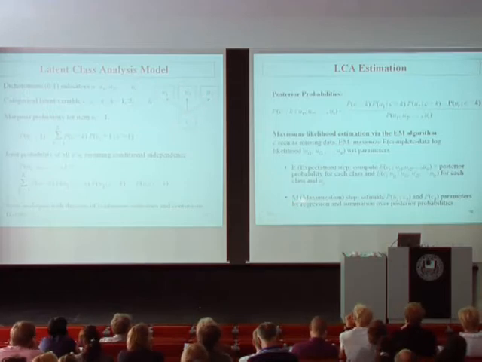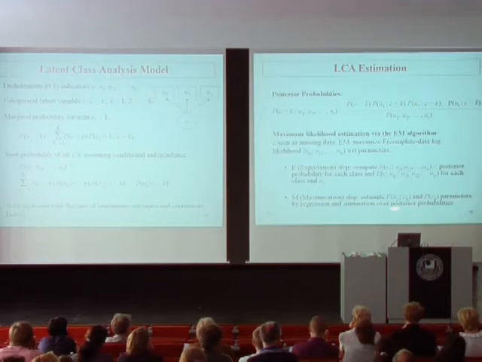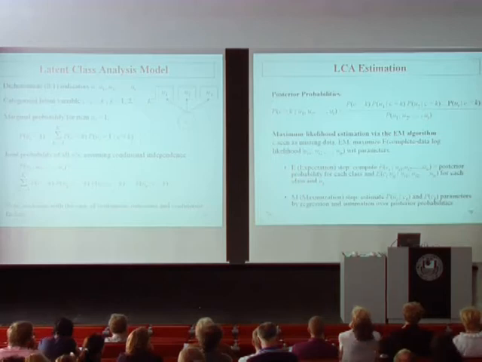Which we know how to do already. So the M step is to estimate those parameters. And once we have estimated them in the M step, we can go back and do a better E step, a better approximation of the latent variable. And with that better approximation of the latent variable, we can do a better M step. So you go back and forth between these until it converges and you get the maximum likelihood estimates.